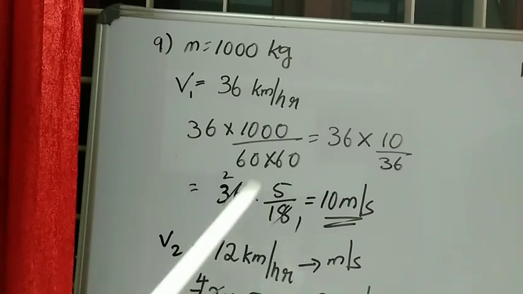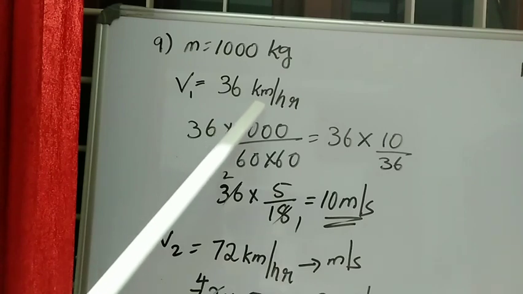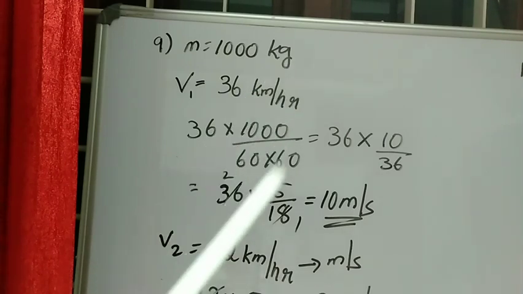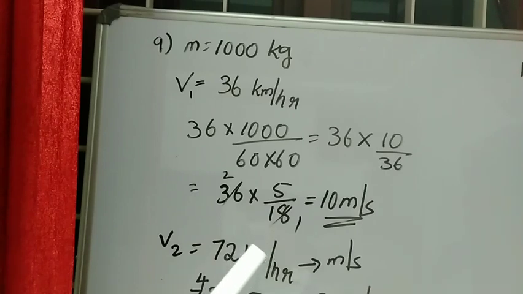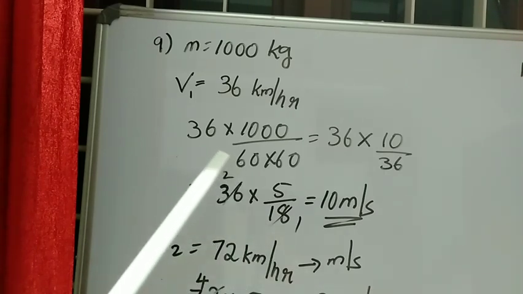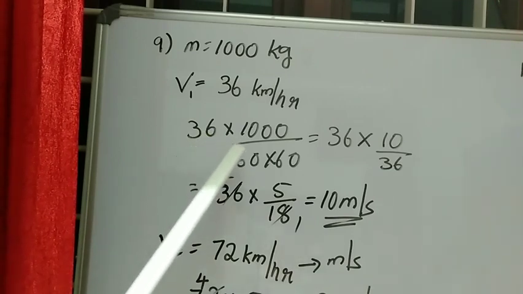But here there is one problem: velocity is given in kilometer per hour, which is not the SI unit. SI unit of velocity is meter per second. To convert kilometer per hour to meter per second, we have 36 kilometer per hour.